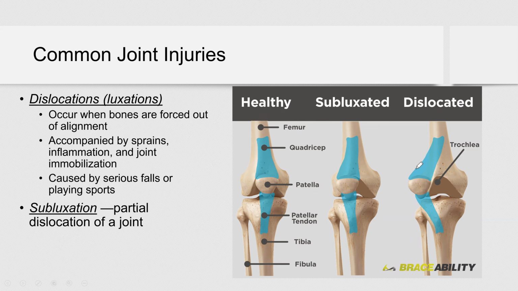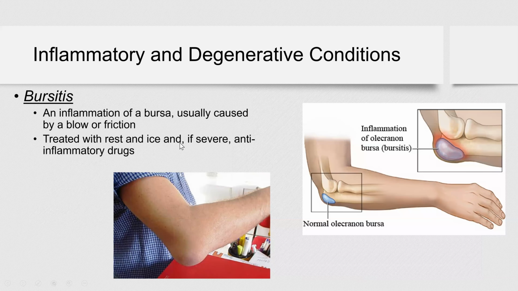This is subluxated and this one dislocated. Dislocation is very often accompanied by sprains, inflammation, and joint immobilization, usually because of serious falls or playing sports. So that was our dislocation, or luxation, and subluxation.